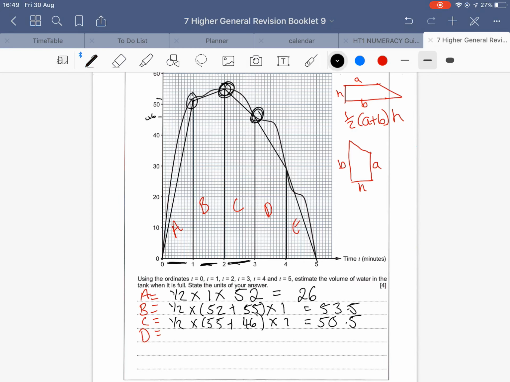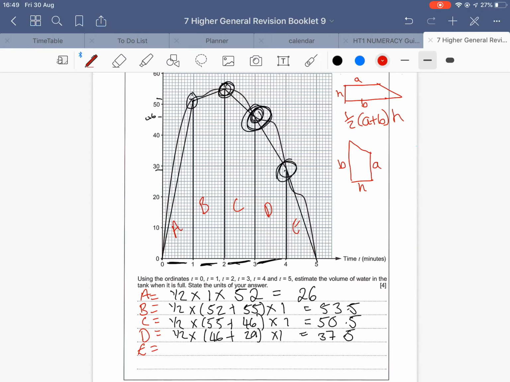Now we're doing D. So again, a half times these two lengths, 46 and just under, so 29. And again, height 1 gives me 37.5.